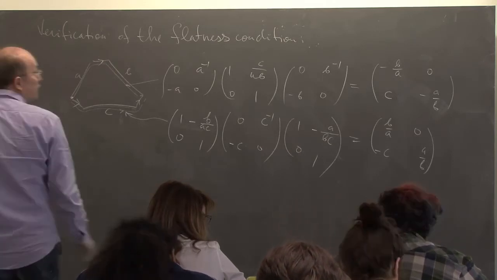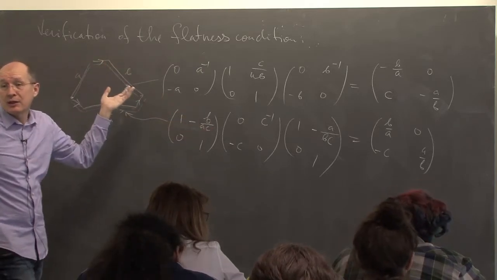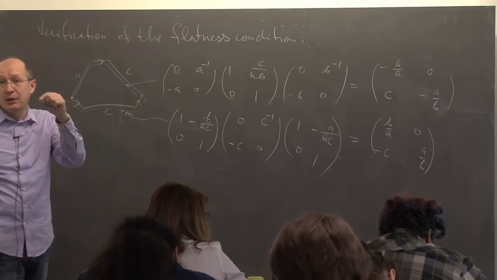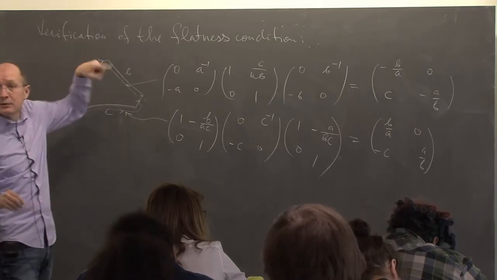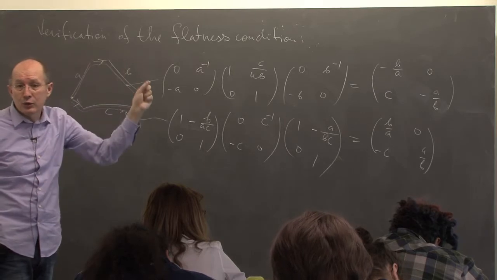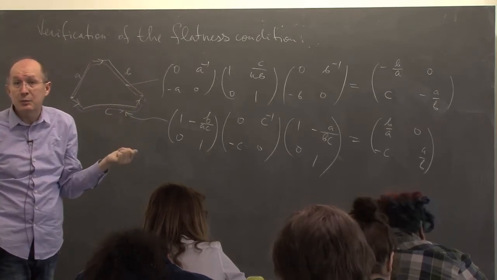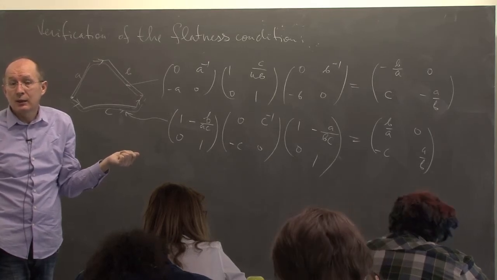Okay, so in each hexagon we have a flatness condition. That means that we have a representation of the fundamental group. You pick a base point, for example, any vertex in the cellular complex. And then for any closed loop, you calculate the product of those matrices, and that represents that loop.